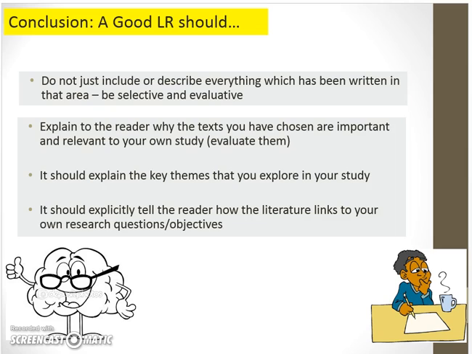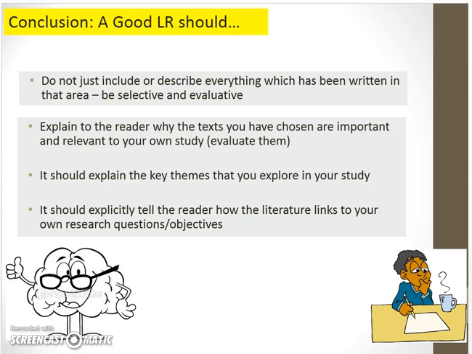Okay, let's draw some conclusions. From what we have discussed here, we can glean that a good literature review should not just include or describe everything which has been written in that area. Try to be selective, evaluative, and draw conclusions.